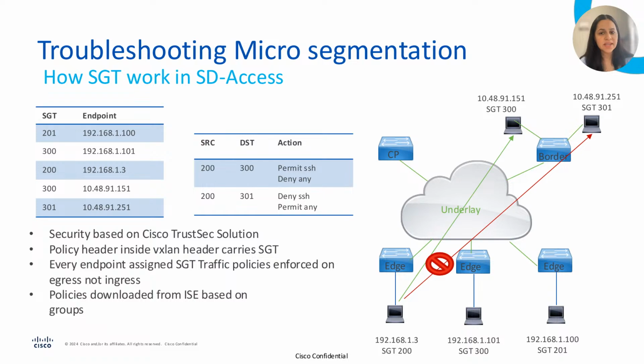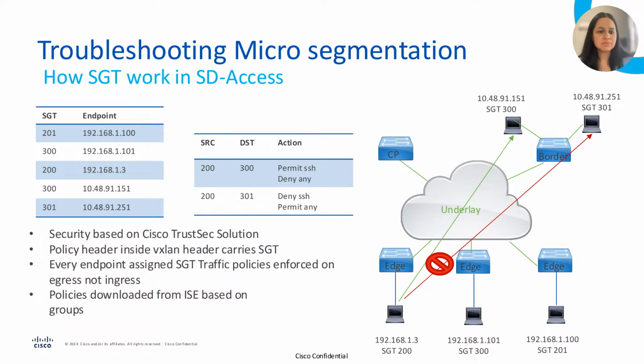Once a user authenticates and gets an SGT tag, the policies that are associated with that SGT are downloaded from Cisco ISE. For example, you can see here on the slide that once the user 192.168.1.3 authenticates and receives the IP address, then SGT 200, the policies associated with that SGT 200 will be downloaded.